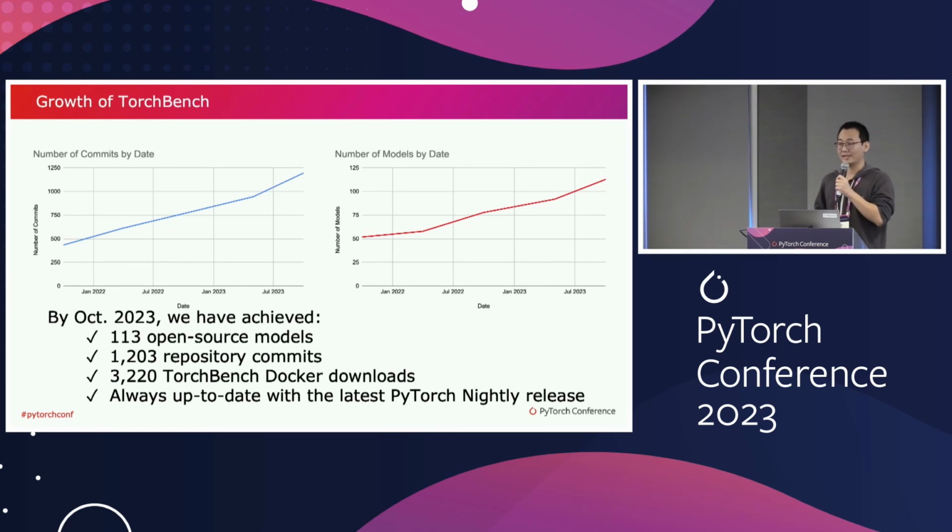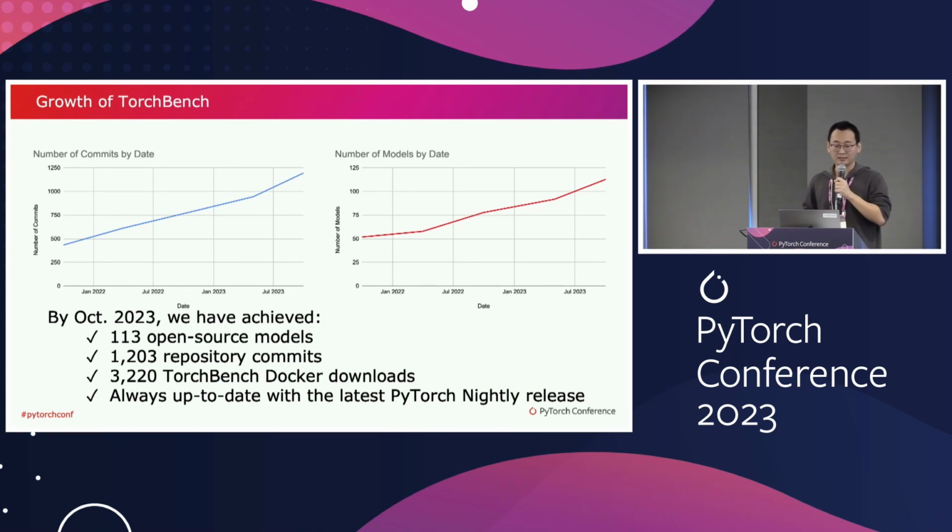We also have a Docker release, which is based on the nightly PyTorch release, so that we can test if TorchBench models are runnable on the latest PyTorch release. If it breaks, we will investigate whether it is PyTorch's problem or a TorchBench model dependency problem. Right? After we triage it, we will submit a PR to fix it.